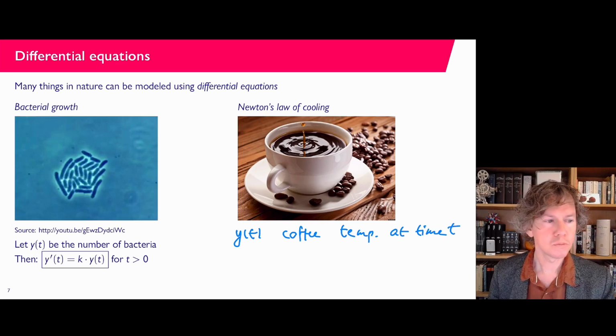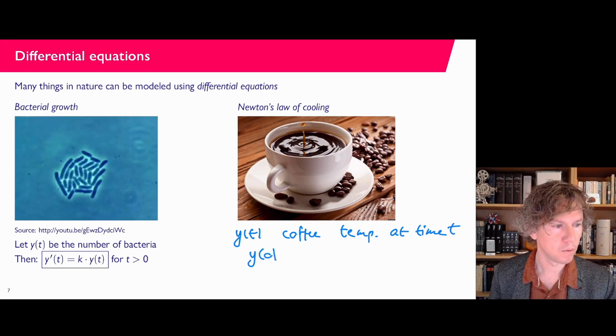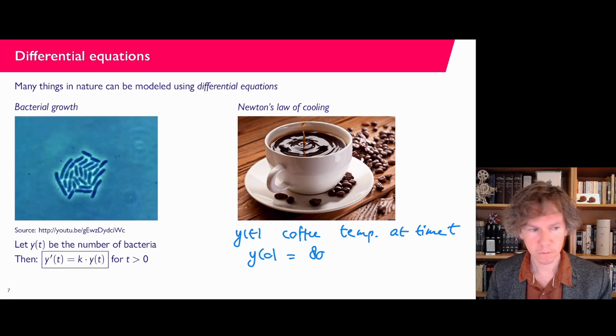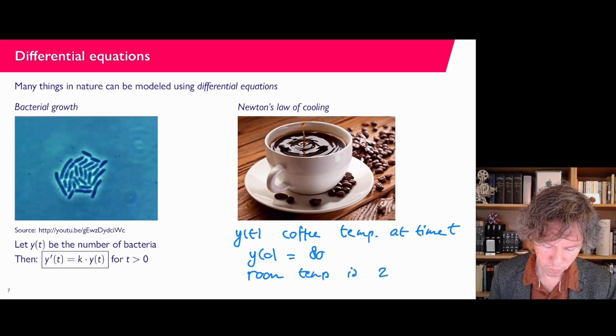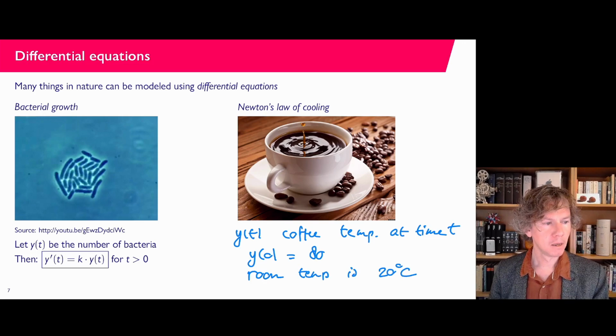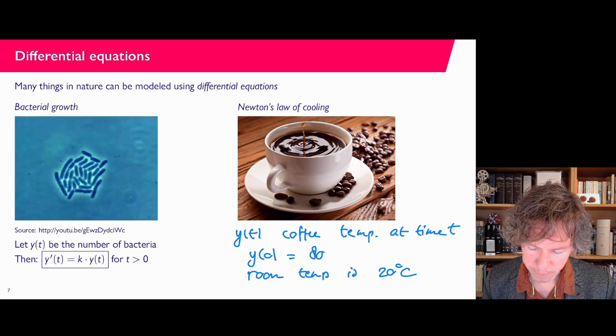I'm going to assume that when I pour the coffee, y(0) is 80 degrees Celsius. And I'm going to assume that the room temperature is 20 degrees Celsius. So the idea that Newton had to describe this, let me put that on the next slide.